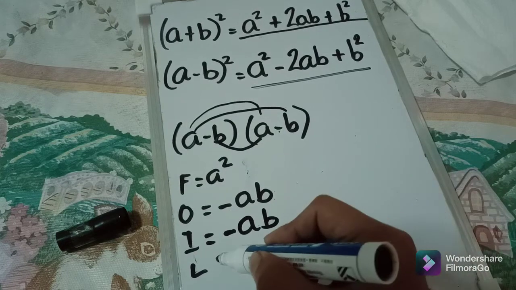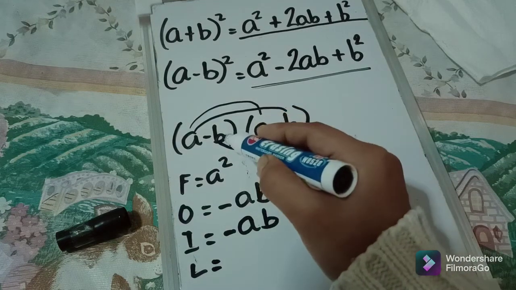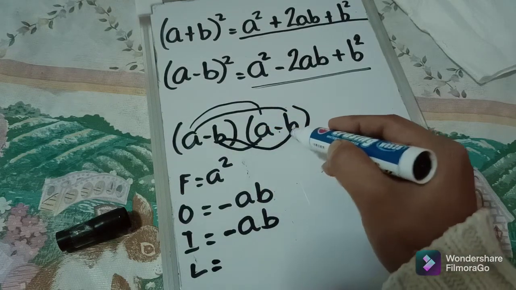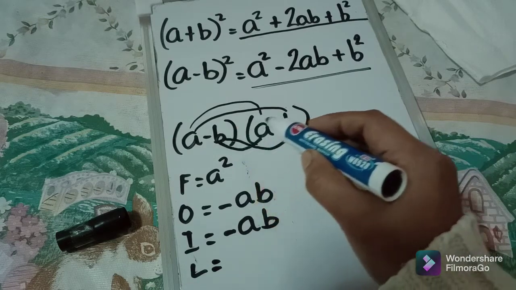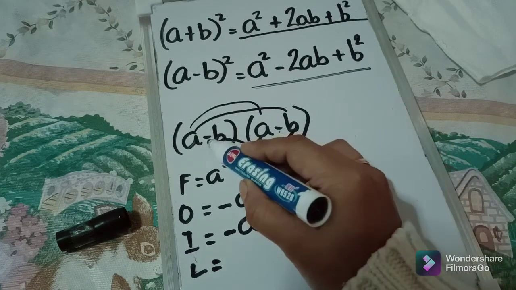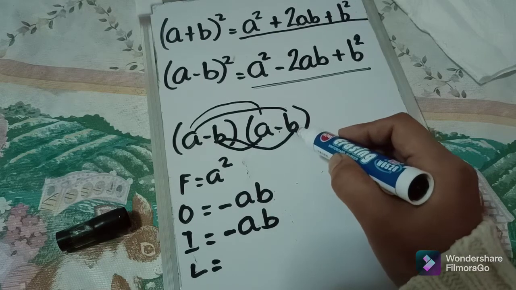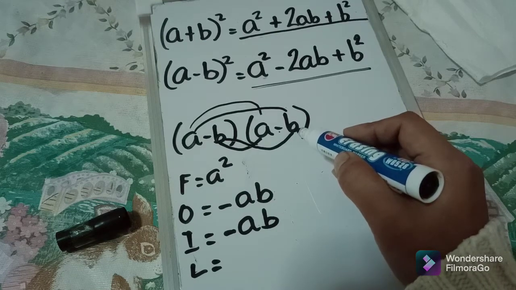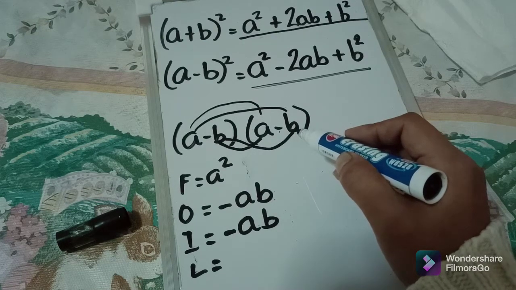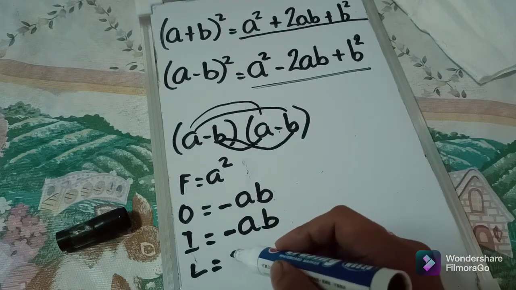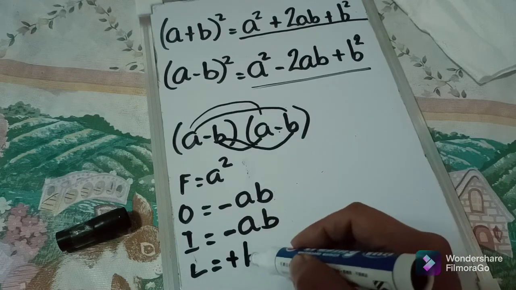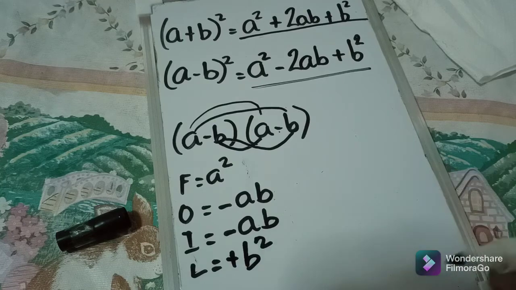Last terms: negative b times negative b. Remember, when you multiply two negatives, the result is positive. So that's positive b squared.